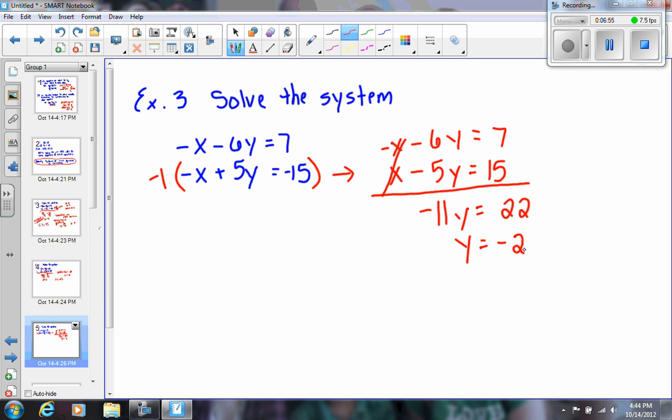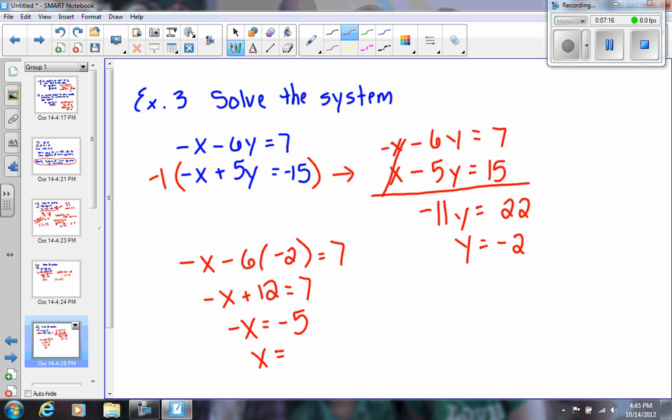To solve for x, I just substitute, and I can do either equation. I'm going to do negative x minus 6 times negative 2 equals 7. So negative 6 times negative 2 is positive 12. So I get the opposite of x equals negative 5. So that means x equals 5.